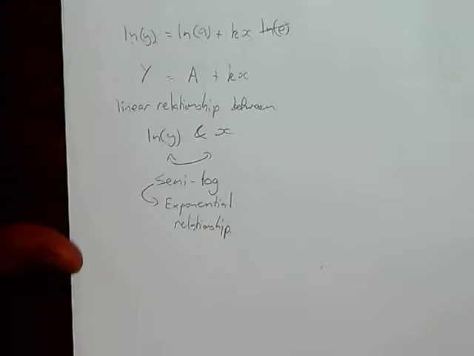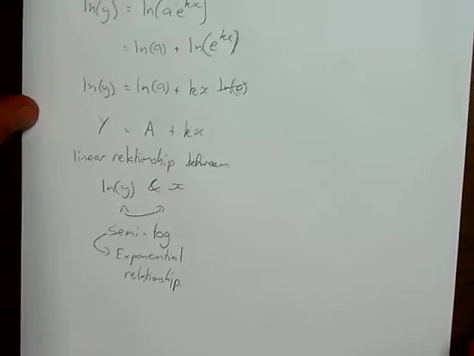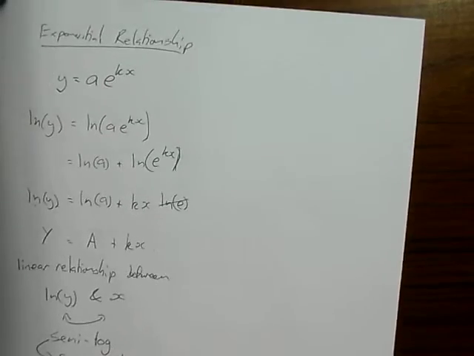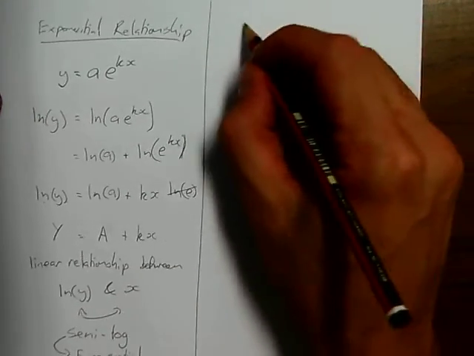Now, at the moment, that might seem a little bit like, what's the point of that? When we do an example, that'll hopefully become clearer. I'm going to come back up the top here, and we're also going to talk about another type of function called a power relationship.